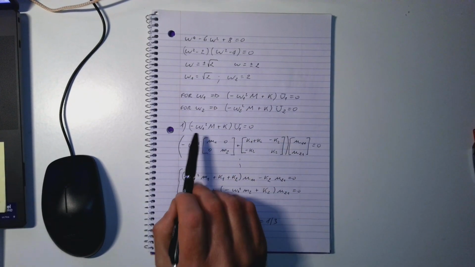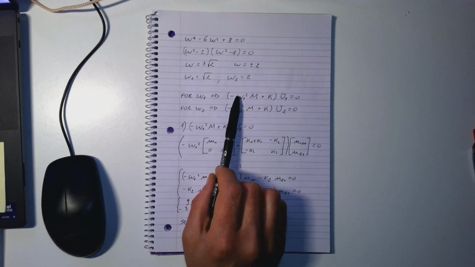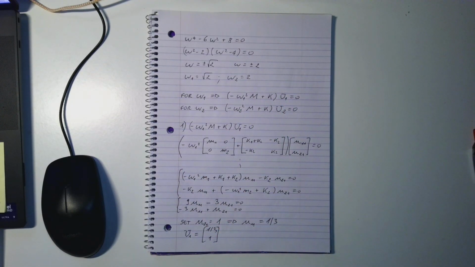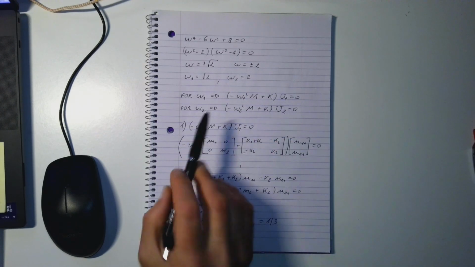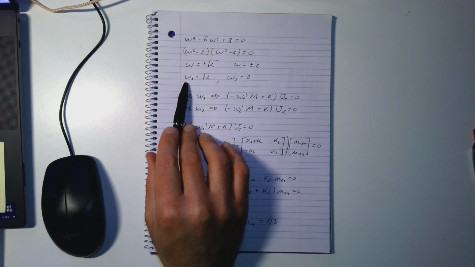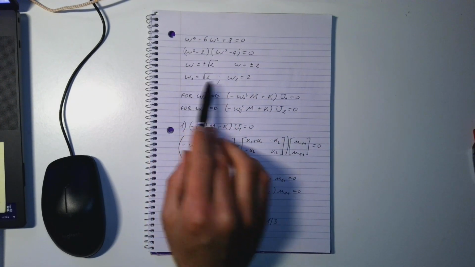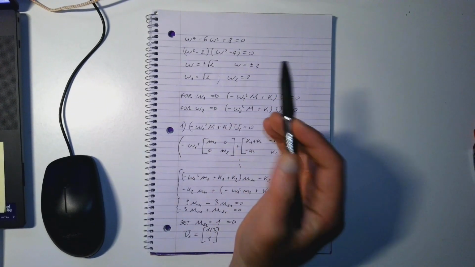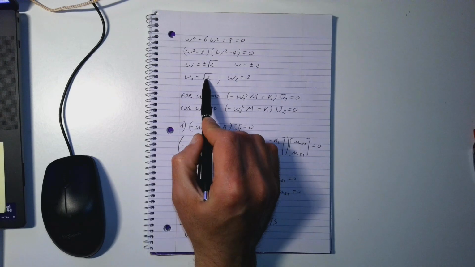So we start by looking at the first natural frequency. We said that natural frequencies are sorted in increasing order, so in this case omega 1 would be square root of 2, and omega 2 would be 2, simply because 2 is greater than square root of 2.